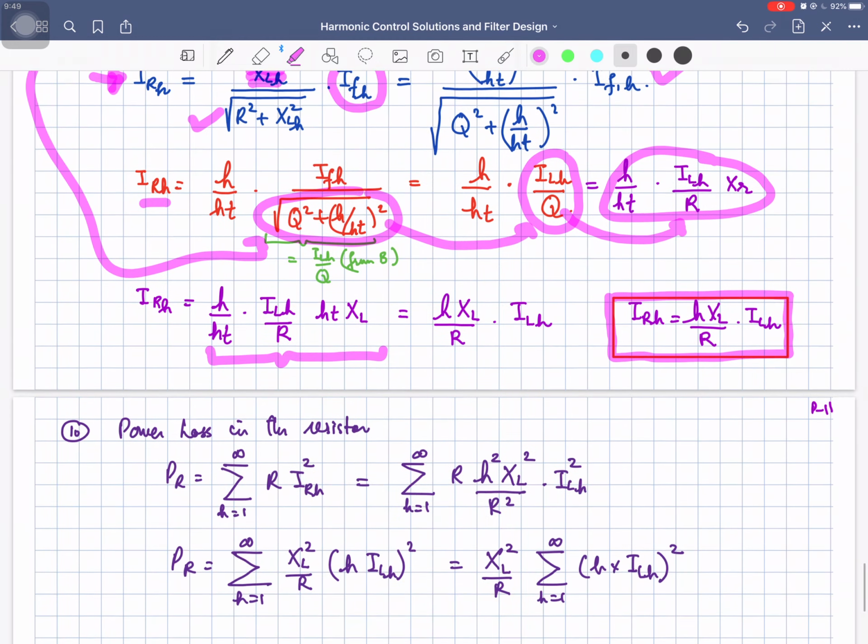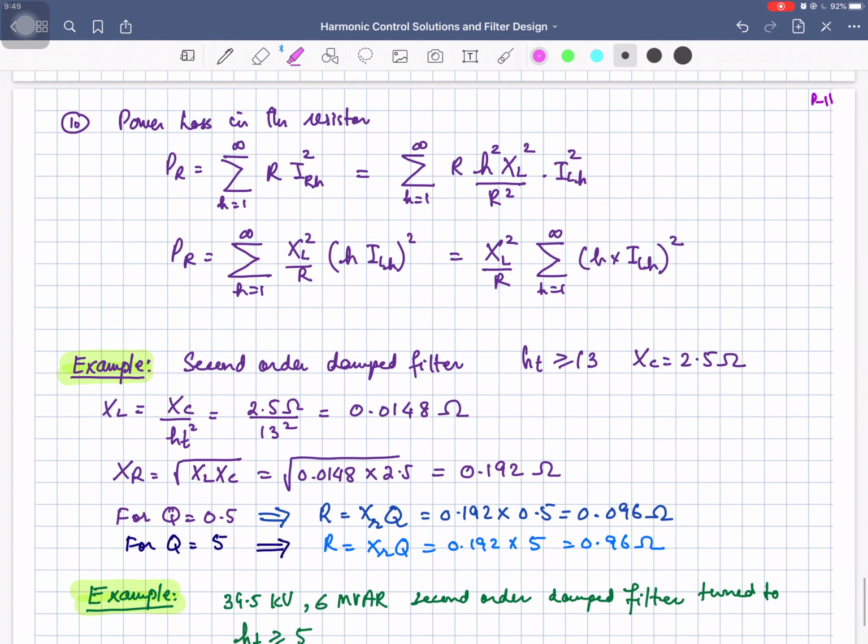Okay. Now let's calculate the power loss in the resistor that is connected in parallel to your inductor. That's the damping resistance basically. So the power will be calculated as I square R. For every harmonic there will be a power loss.